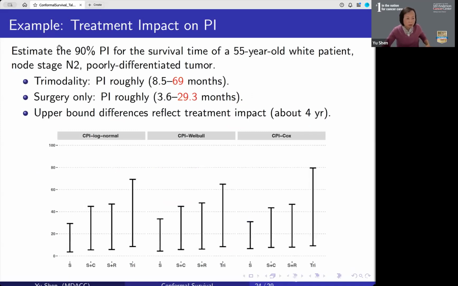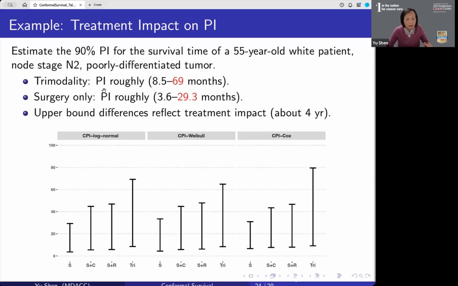Remember that we want to estimate the 90% predictive interval for this woman's survival time. In order to do that, we want to decide what the best treatment option is for her.